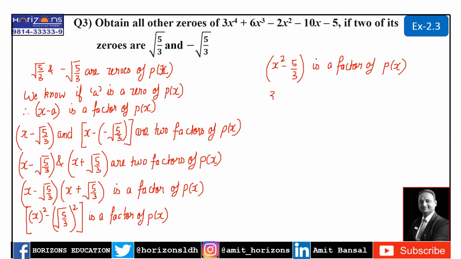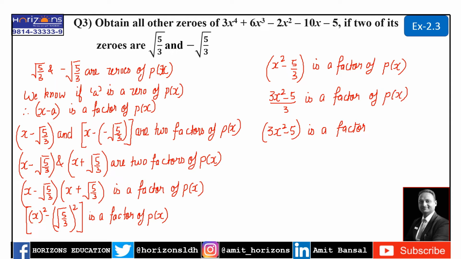Now taking the LCM, we can have (3x square minus 5) over 3 is a factor of p(x). Right, friends? So I can also say that 3x square minus 5 alone, no need to take over 3, is a factor of p(x). Now I will be using this one factor obtained, that is 3x square minus 5, to find the other factor of p(x). Right?